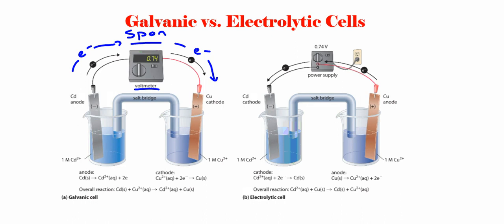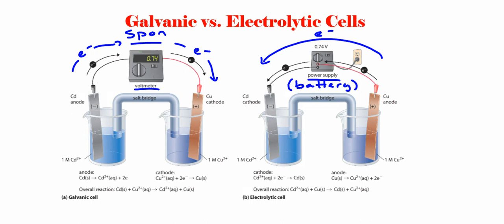Okay? But if you look on the right side, we have a power supply, and sometimes that'll also say a battery. And the minute you see a battery, that is extra energy being put into that cell that is causing a reverse, notice a reverse in electron flow.